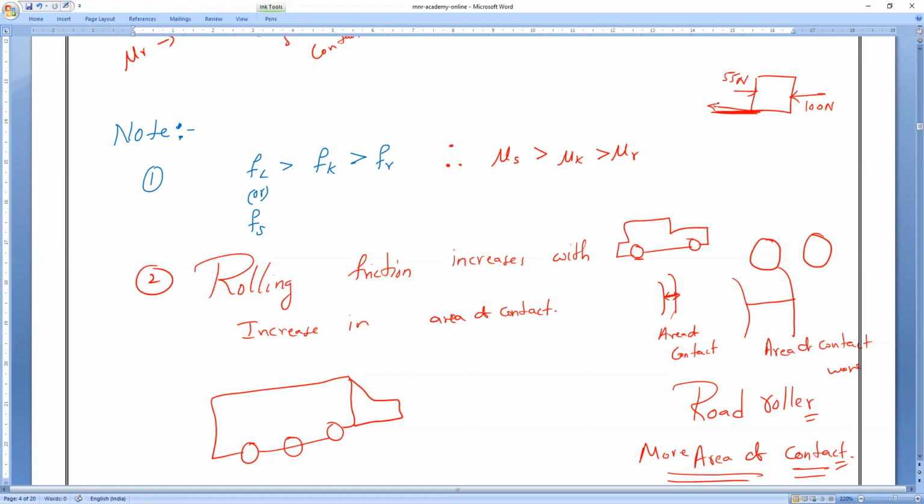Sir, but Anthony sir told only frictional force would be there. There will be no gravitational force. See, gravitational force will always be acting. That is W equals mg, but it is equal to what? Normal reaction. So both are equal but in opposite directions. Opposite direction means both will get cancelled out, so we will consider this as zero.